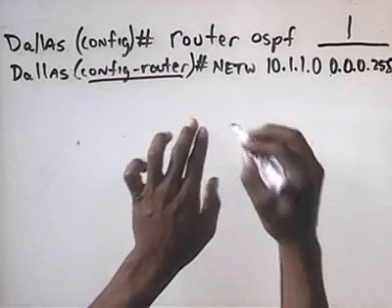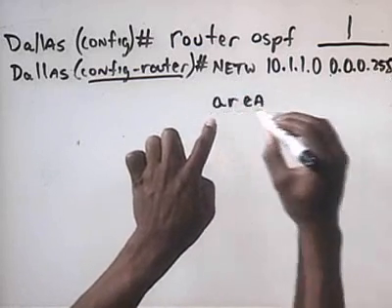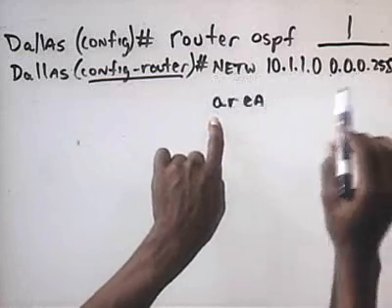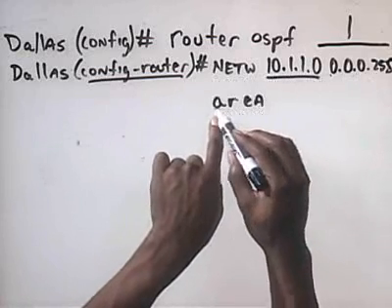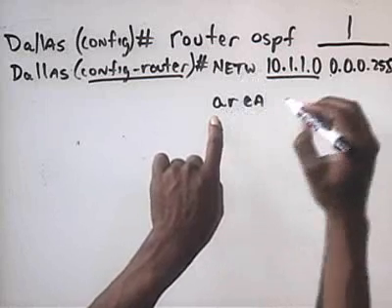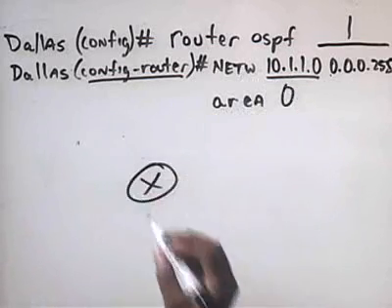I've just run out of space here. On that same line, you want to indicate the area that this network is in, or the interface wherever this network is. You want to indicate which area that interface is in. So area 0 here.